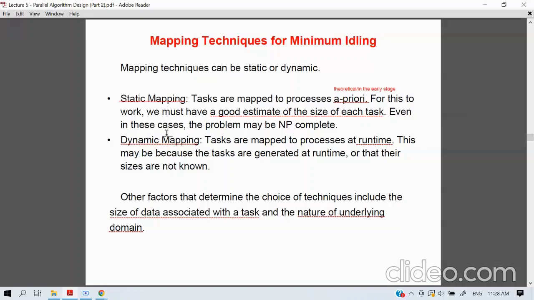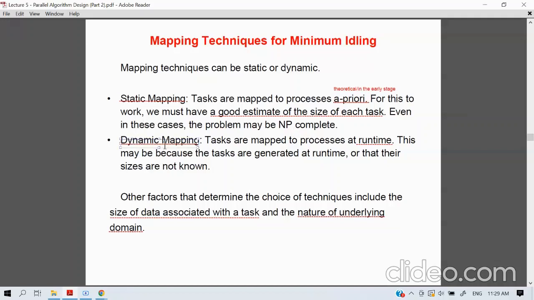However, even in this case, the problem may be NP complete. Sometimes you cannot do the mapping in a good way. It has an algorithm issue. Sometimes the algorithm is unable to do the mapping, and at the end we cannot execute the parallel processing.